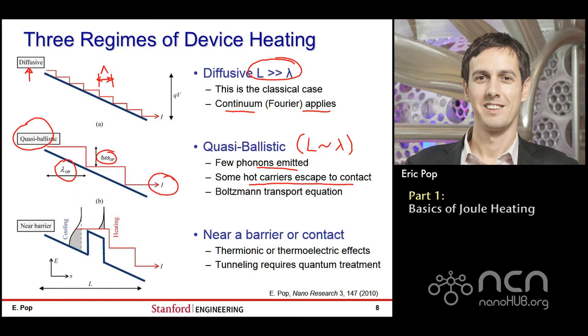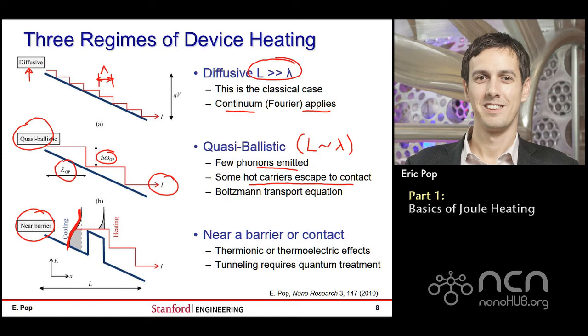Another more peculiar regime I'd like to show is here in the bottom image. This is near a barrier. To understand what happens near a barrier, we have to remember that the electrons traveling from left to right are distributed according to some distribution, which corresponds to the temperature and the Fermi level on the left side of this barrier.